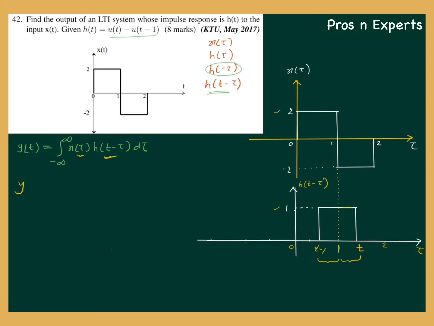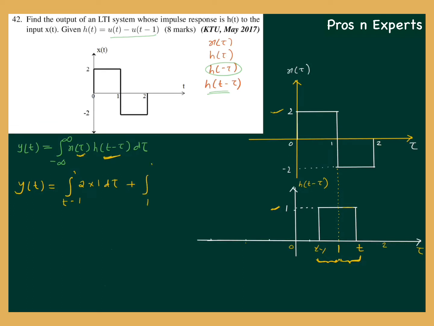So y of t is equal to the integral from t minus 1 to 1. In t minus 1 to 1, what is x of tau and h of t minus tau? In t minus 1 to 1, x of tau is 2 and h of t minus tau is 1. So 2 into 1 d tau. The integral is not over, plus we have to separately integrate from 1 to t.